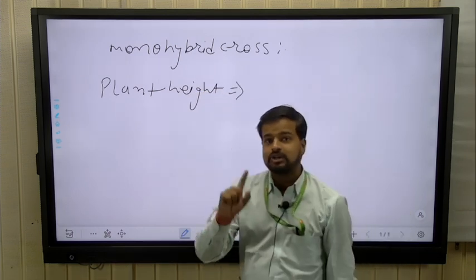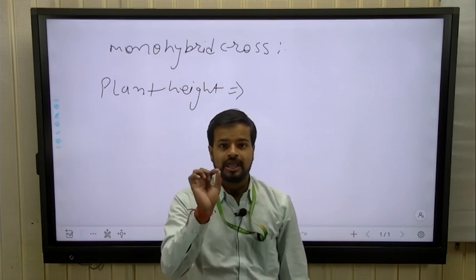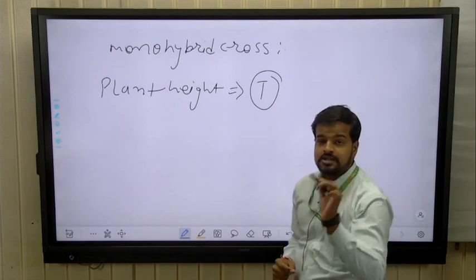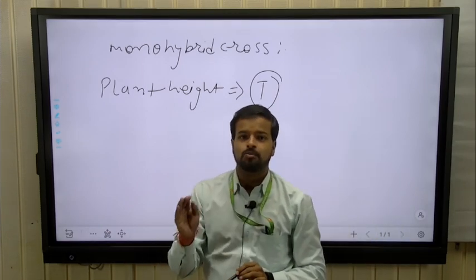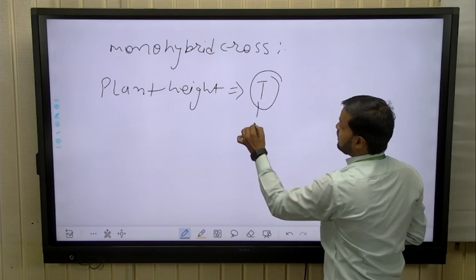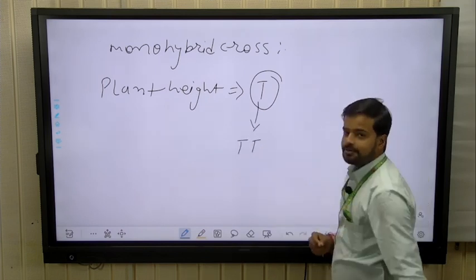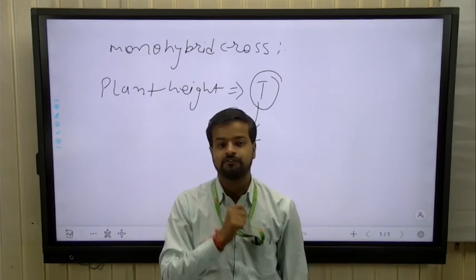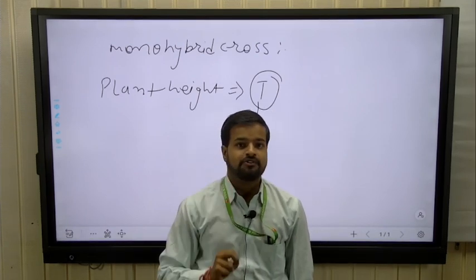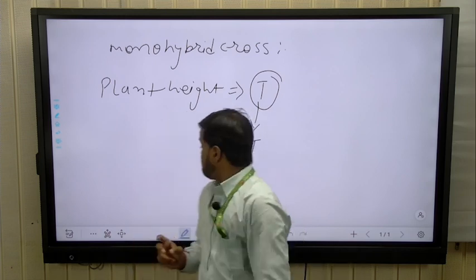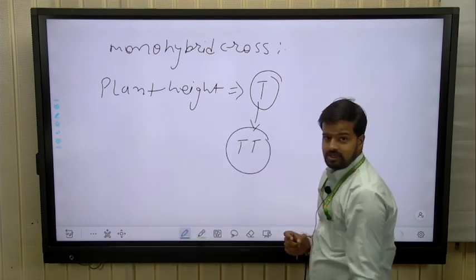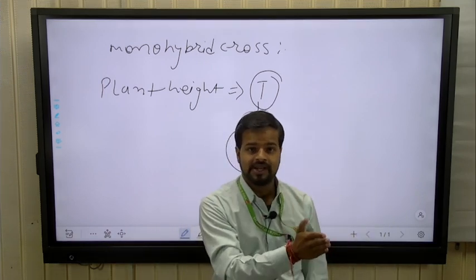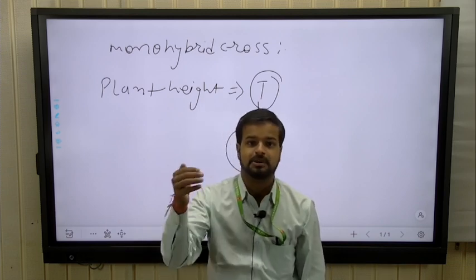This character is regulated by a gene that is known as what? Capital T gene. Students, as we know, genes are present in the form of a pair. That means the plant height gene is found in capital T form, but there are two different phases: dominant and recessive characteristics respectively.